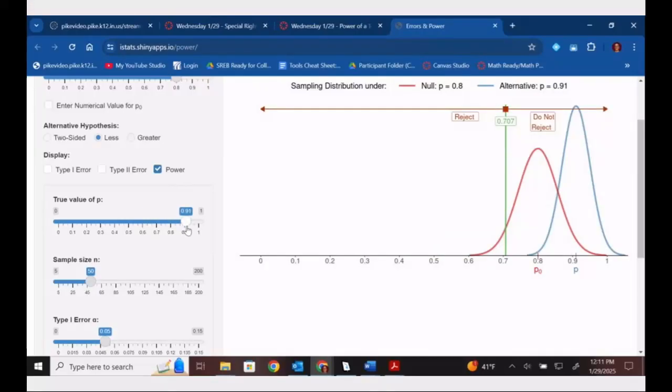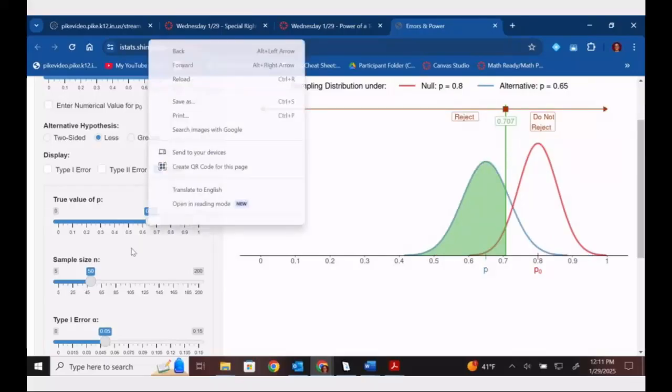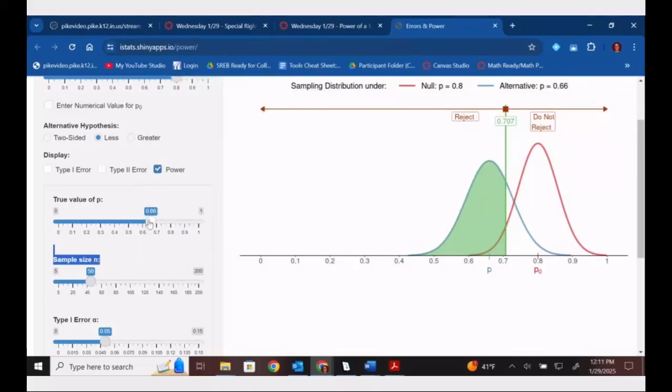If I take it over here, does that increase my power? My shading went away entirely. Does that have higher power or lower power? That's lower than I was at 0.66. 0.66 looked like this. What about if we take it down here?